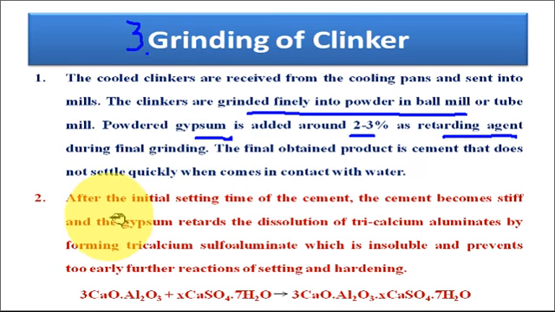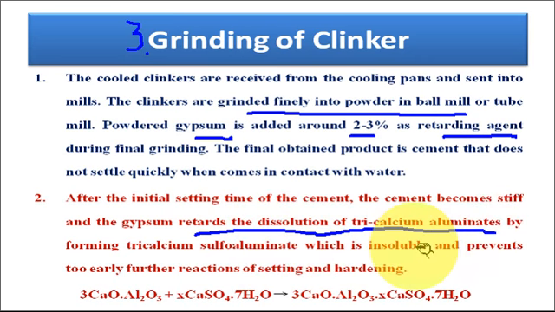We know that after the initial setting time of cement, the cement becomes stiff, and the gypsum retards the dissolution of tricalcium aluminate, which we are going to discuss in our next lecture, why it happens. So we must remember that gypsum is added to retard the initial setting time of the cement. How it retards, we will discuss in our next lecture.